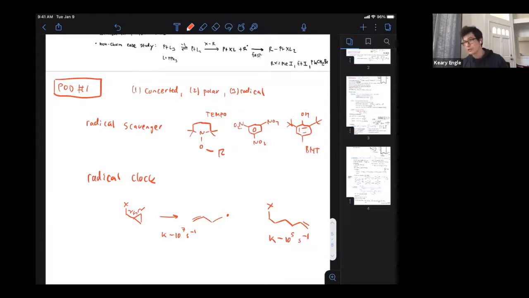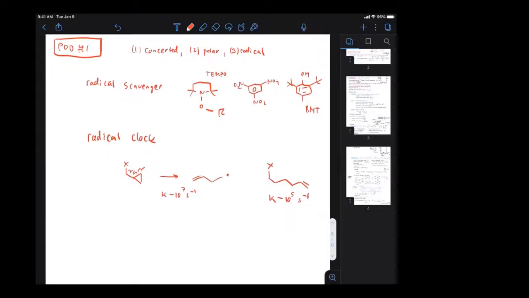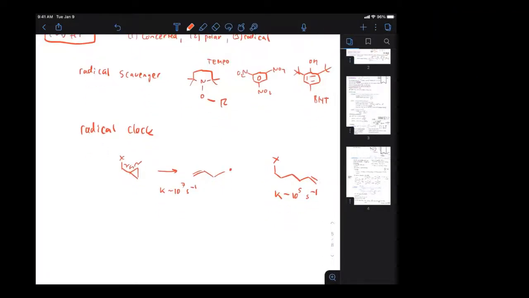Now, one of the caveats here is that you have to be a little careful, because metals can open these same radical clocks by closed shell organometallic pathways, by beta carbon elimination or cyclization. Yeah, right. So it is commonly used, but there are some caveats.